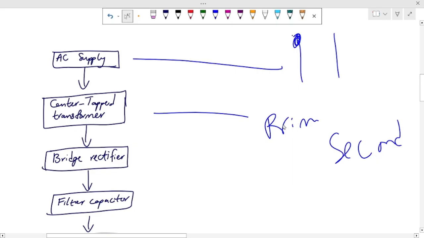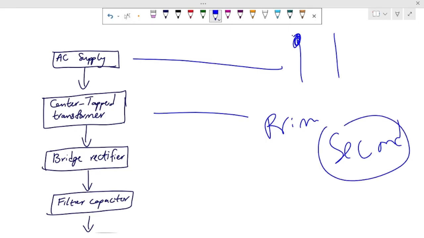That's a step down transformer. But this is not a normal step down transformer, it's a center tap transformer. What does it mean? It means that the secondary winding, serving as the output, gives us lower voltage than the input.